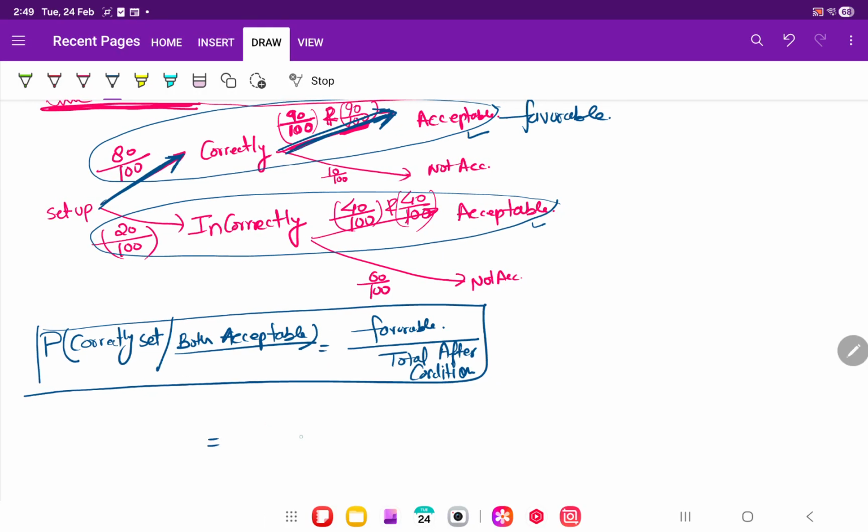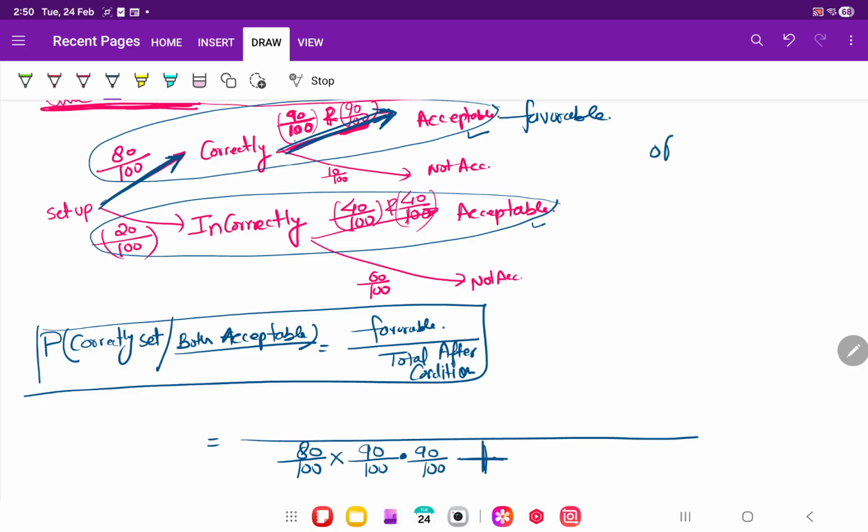So it will be the first setup and both are correct items. So acceptable 90 by 100 and 90 by 100, and we will use into, or means plus, or means we always add, and means we always multiply. Correct? This is what I am following.